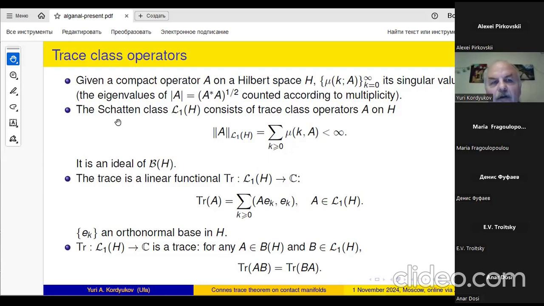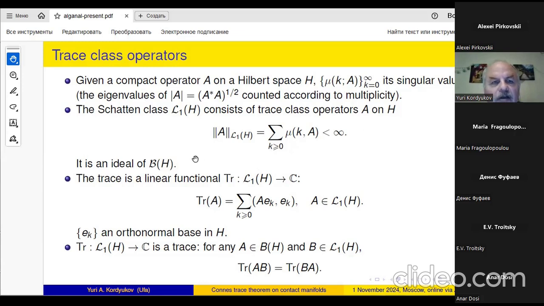Then we know that we have the Schatten class ideal, which is a non-commutative analog of the L1 space, and it consists of trace class operators. So one of the definitions of this is that this norm should be finite.